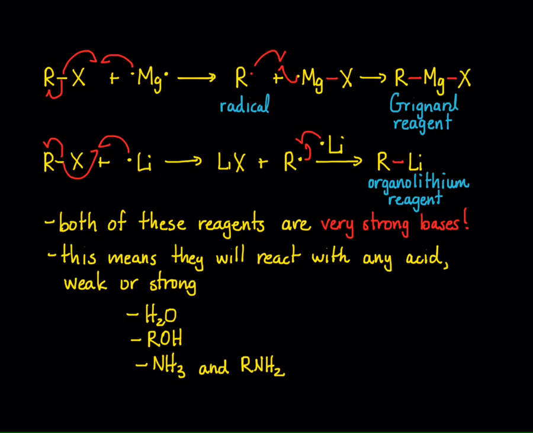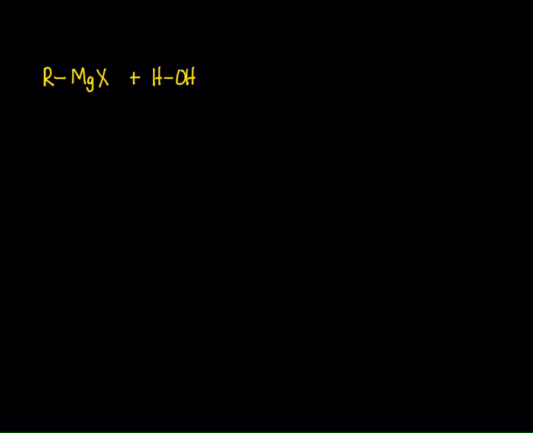Now, how do they react? Well, it's an acid-base reaction, and here I'm showing a Grignard reagent. It reacts with water. Water is the acid, the Grignard reagent's the base. So I can remove a proton from that water and form hydroxide ions. And the result is I form a new carbon-hydrogen bond. I also get a salt, a magnesium halide hydroxide salt, some mixture of salts.